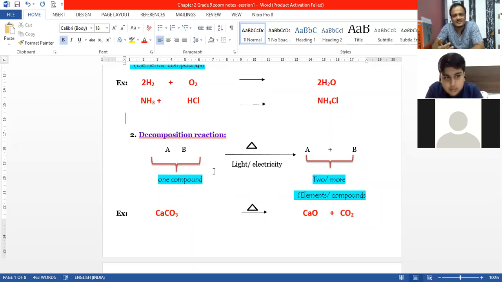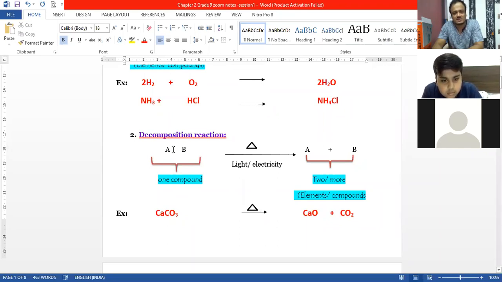When heat is provided to the compound, the reaction is called thermal decomposition. When light is involved, it is called a photochemical reaction, photo for light. When electricity is involved, we call it an electrochemical reaction. So with all these types of energy sources being given for the compound to undergo decomposition, it is called a decomposition reaction.